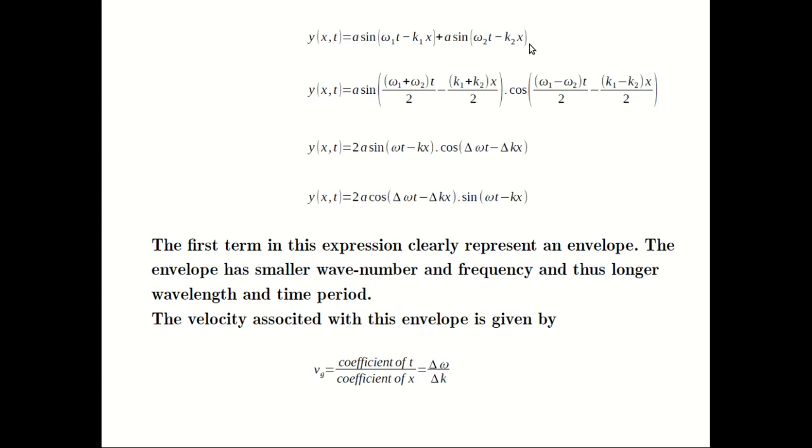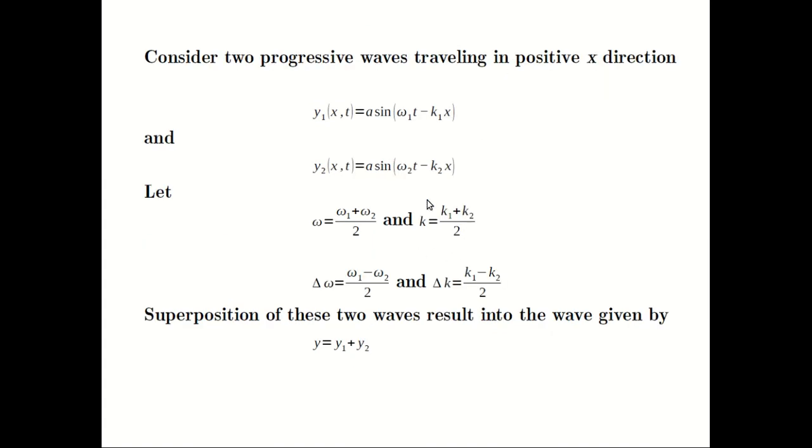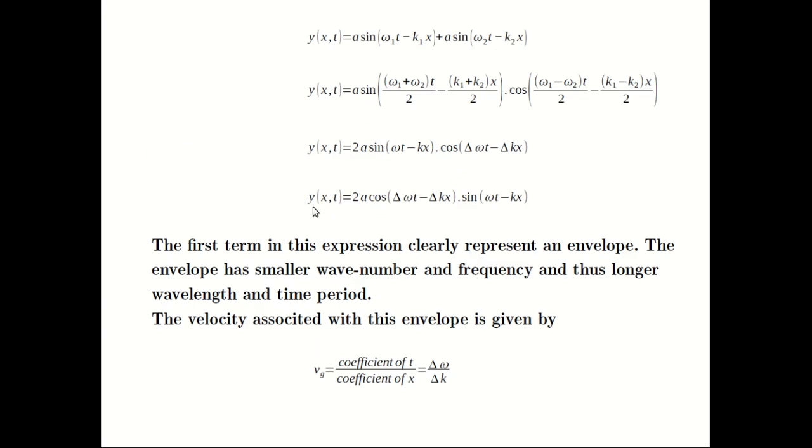Now, here we are going to use the sine plus sine formula. Substituting that formula and keeping in mind these arrangements, we will get the expression for the resultant wave y equals 2a cos(delta omega t minus delta k x) into sine(omega t minus kx).